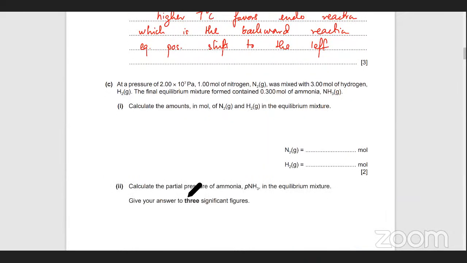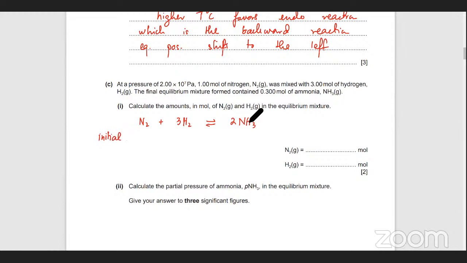So next, at a pressure of 2 times 10 power 7, 1 mole of nitrogen was mixed with 3 moles of hydrogen. I think this question is about Kp. So you're going to make the table where N2 and H2 are reacting and in equilibrium with NH3. So what's the initial situation?